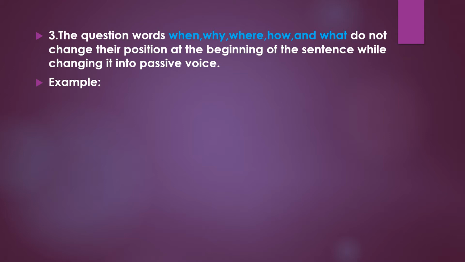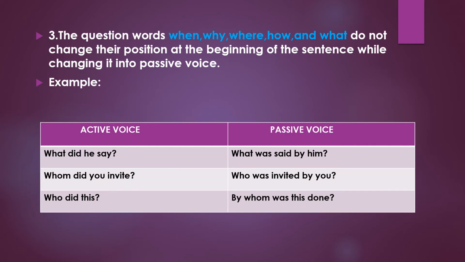For example, what did he say? When we change this into passive voice, what remains at its place. Rest is changed according to the word order we have studied so far.